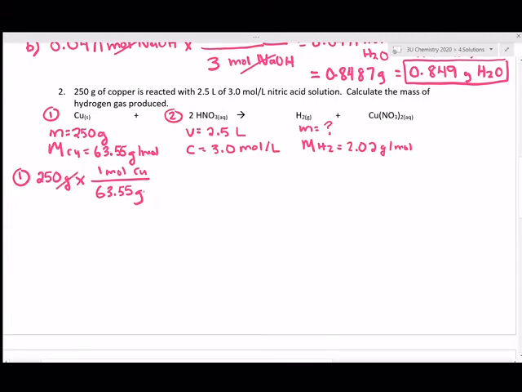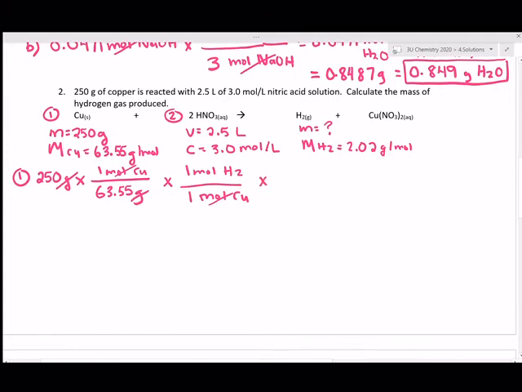So at this point, grams would cancel. I would have moles of copper. This is when I can now change my moles of copper, which is 1 mole, into hydrogen. And that is also going to be 1 mole of hydrogen. Okay, so moles of copper is now gone. So now my answer would be in moles of hydrogen.